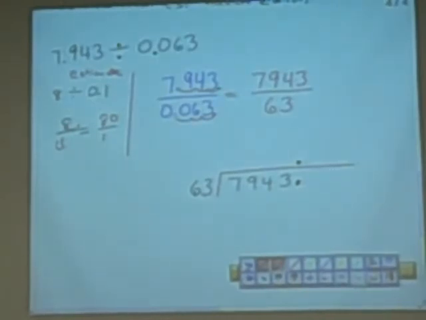Okay, so now 6 divides into 79, that would be at least, well, we know at least it's going to be at least 10, right? So we're going to put a 1 here.